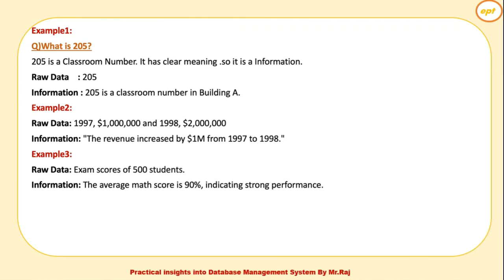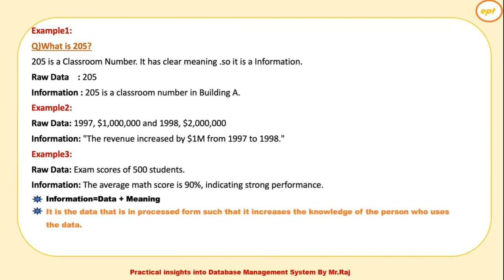Now by observing all the above points, what can you say? Information is data with added meaning. If you add context or meaning to the data, it becomes information. If you process the data, it definitely increases the knowledge of the person using it.